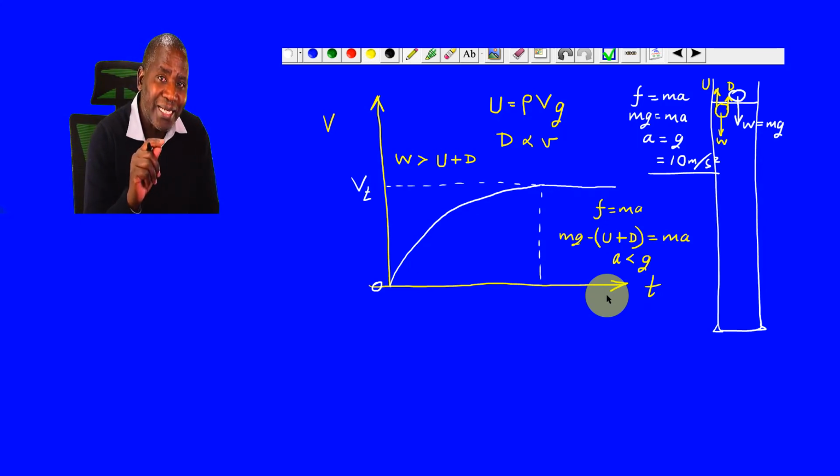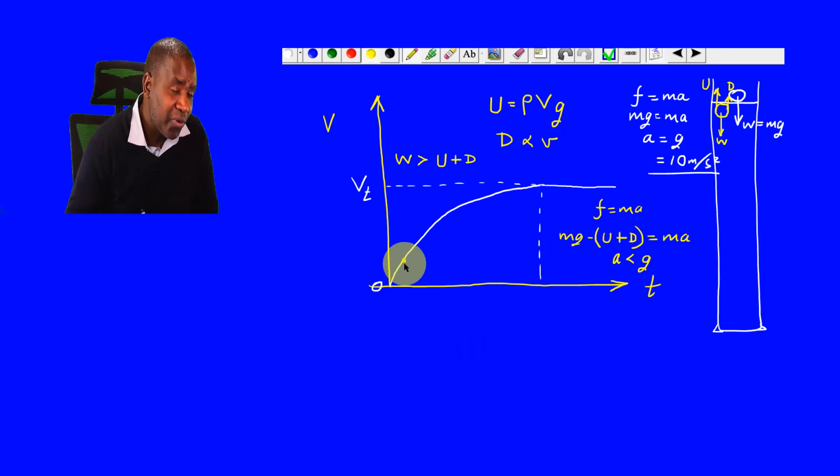And then we go to the next point. What does the gradient of a velocity time graph represent? It represents acceleration. And that is why you find that as time goes by, at this point, the gradient is going to reduce compared to the gradient initially.